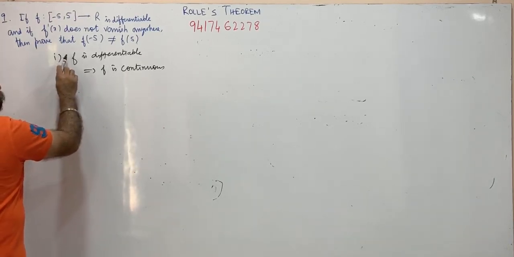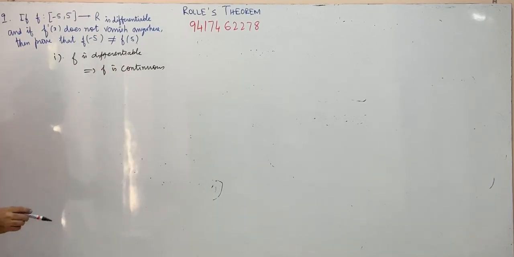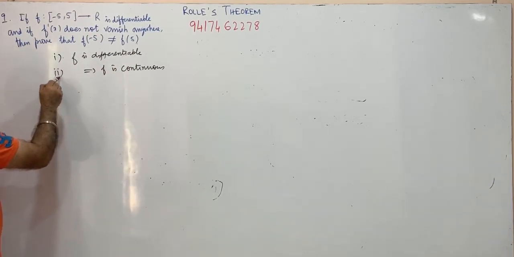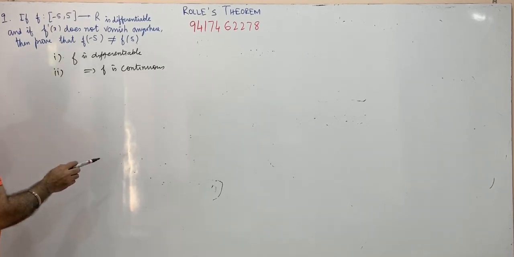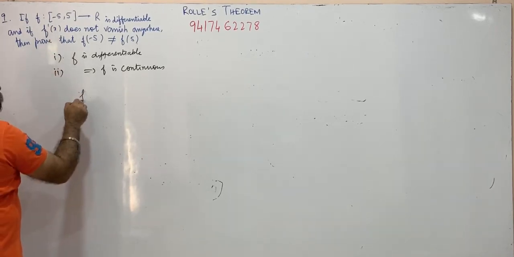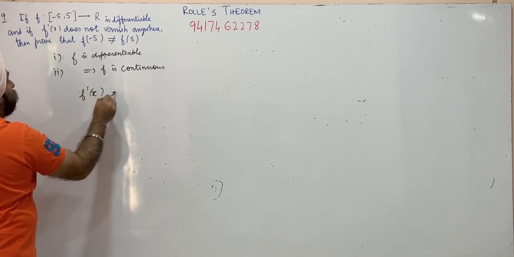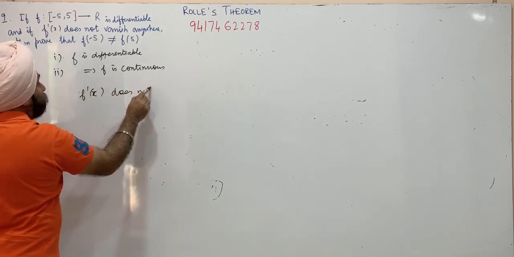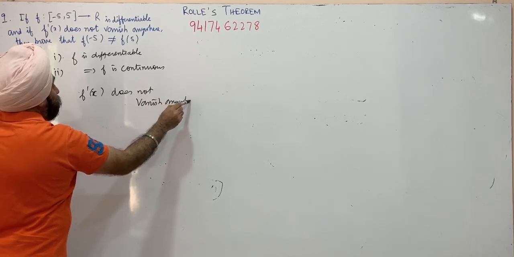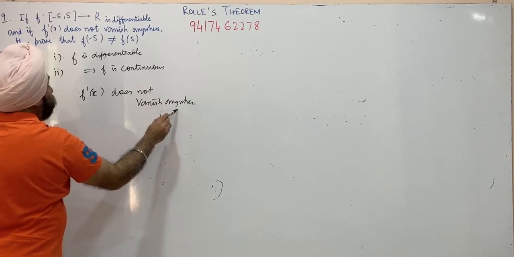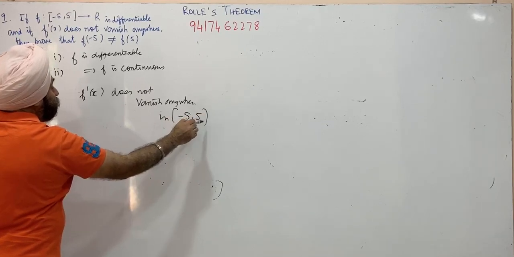So this means first condition of Rolle's theorem is satisfied, second condition, this is also satisfied. Two conditions are satisfied. Now what is the result? The result is that f dash of x does not vanish anywhere in the interval -5 to +5.